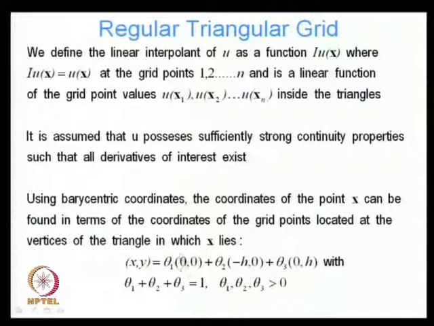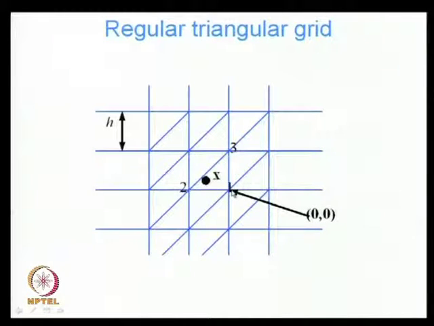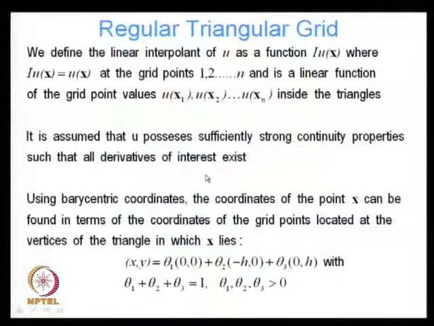Theta 1 times the coordinate at this location, plus theta 2 times the coordinate at this location, plus theta 3 times the coordinate at this location gives me the coordinate of x. The condition is that theta 1 plus theta 2 plus theta 3 is equal to 1, and theta 1, theta 2, theta 3 are all positive. So, theta 1, theta 2 and theta 3 are the barycentric coordinates of the point x.